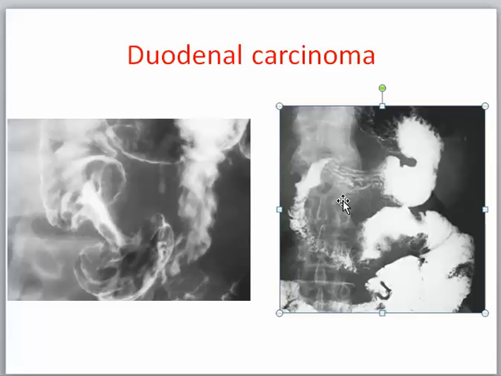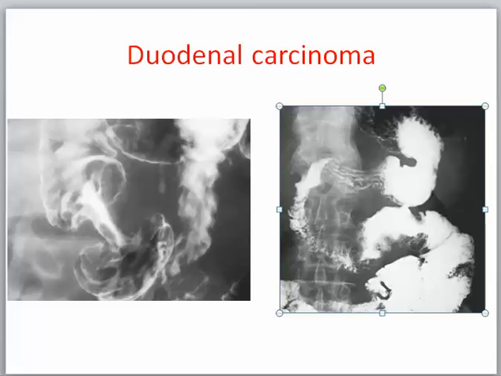Now, duodenal carcinoma. In duodenal carcinoma, you will find the apple core due to annular carcinoma, or you can get the irregularity of the mucosa due to carcinoma in this area.